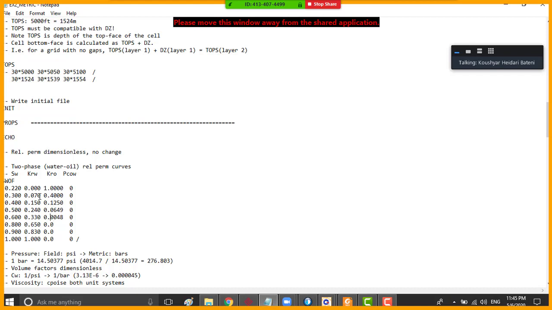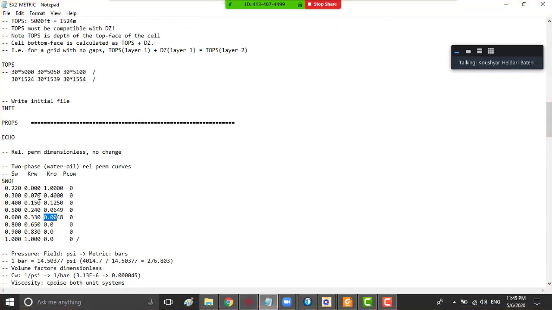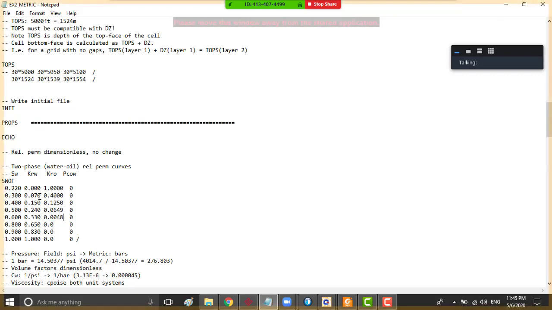So for example, when the saturation for water is 0.6, then the relative permeability of water is 0.330, and the relative permeability of oil is 0.004, right?